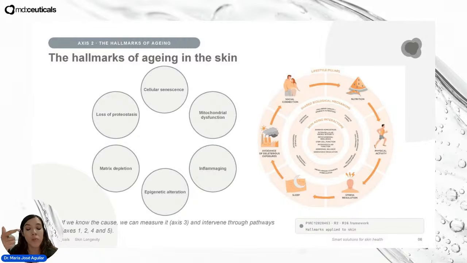We have mitochondrial dysfunction that develops over time, inflammation created by all these external factors, epigenetic alteration also created by these external and stressor factors, matrix depletion, and loss of proteostasis. So all these 6 pillars can have an impact on these 6 lifestyle pillars.